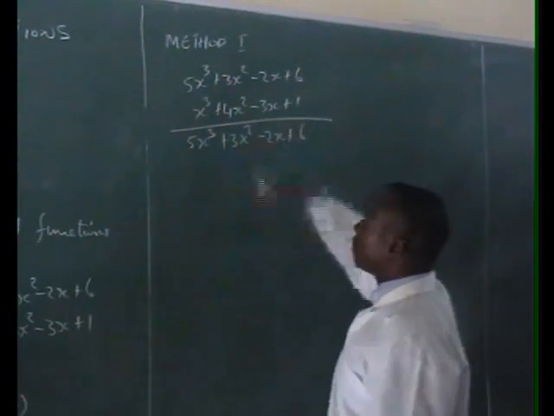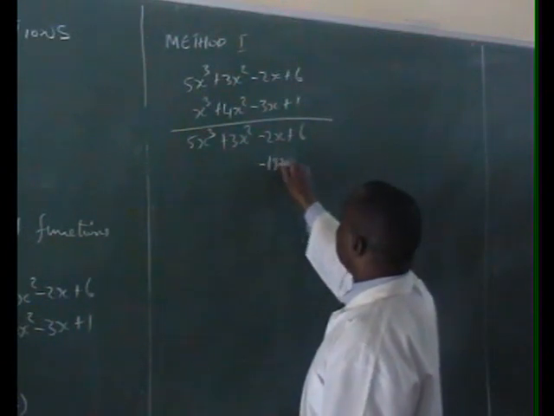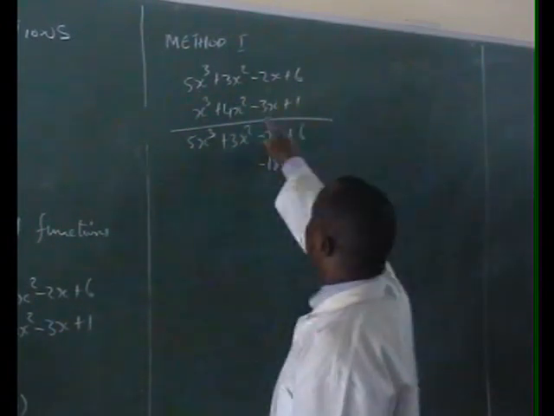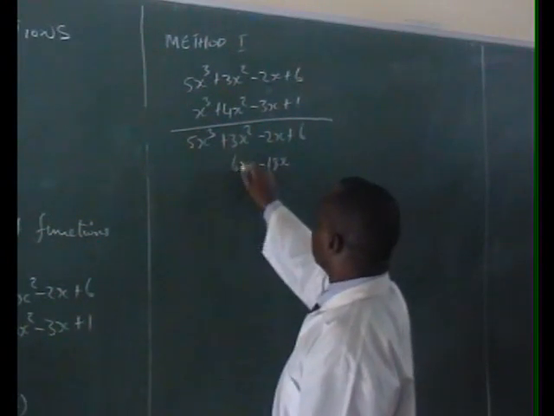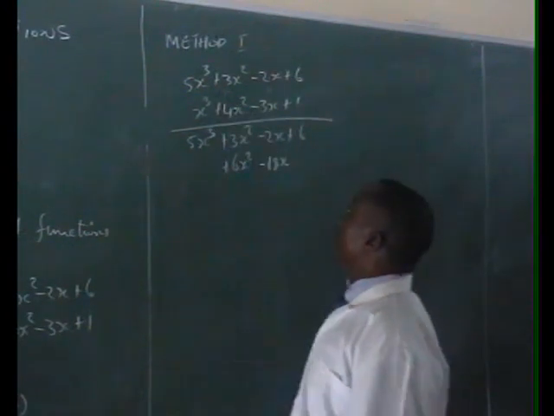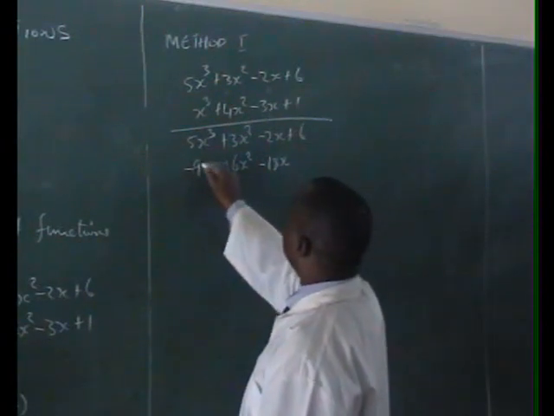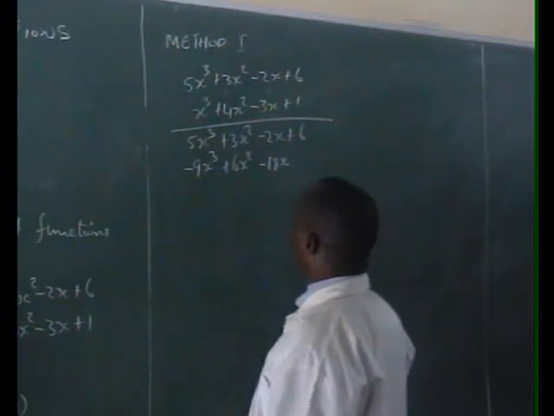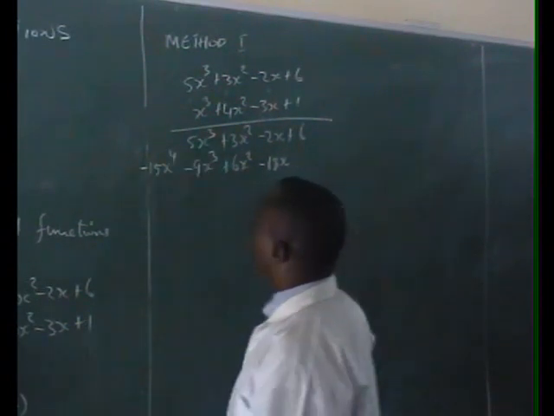Now this particular one, minus 3 times 6 will give us minus 18x. Minus 3x times minus 2x will give us 6x squared. Minus 3x times 3x squared gives us minus 9x cubed. So minus 3x times 5x cubed will give us minus 15x raised to the power 4.